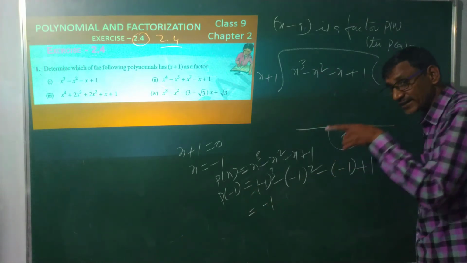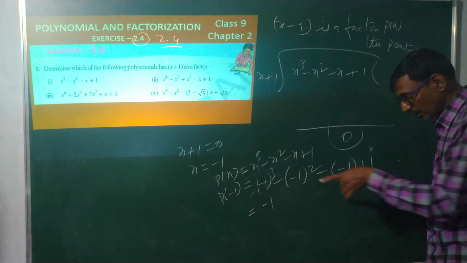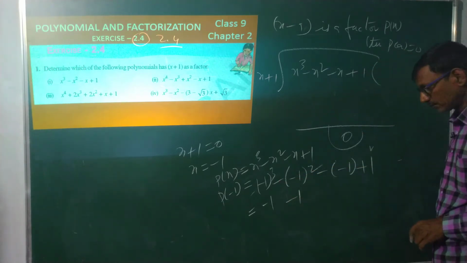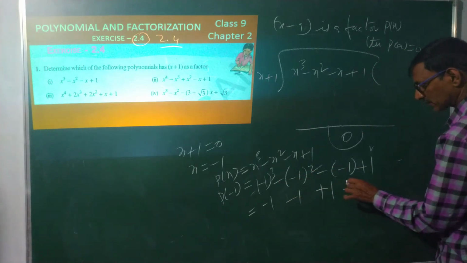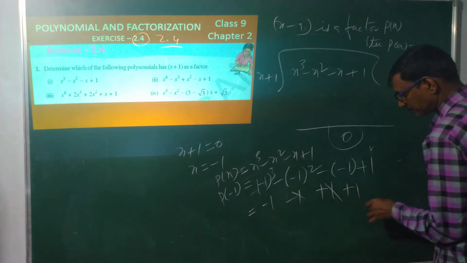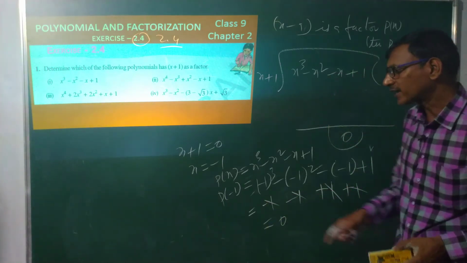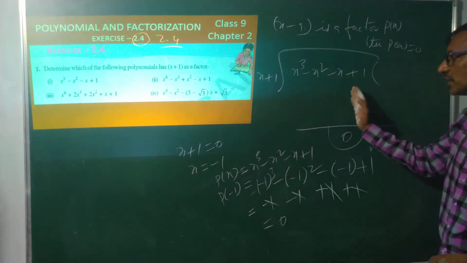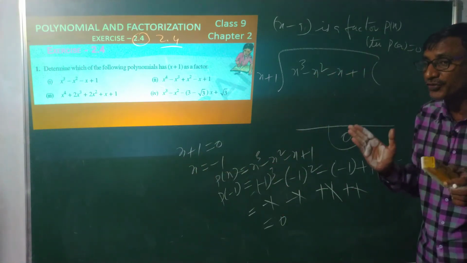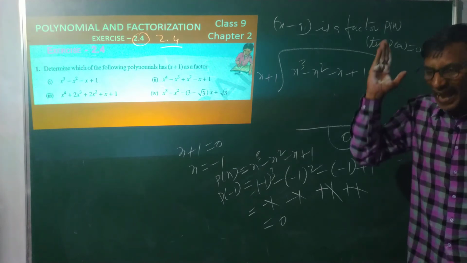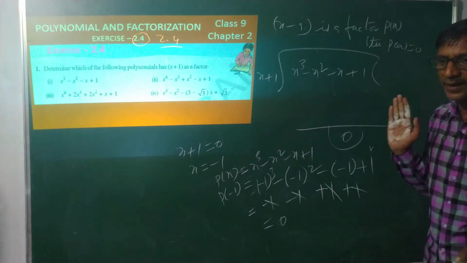Minus 1 whole square is nothing but plus 1. So minus 1, plus 1, plus 1, plus 1. See, minus 2 plus 2, we get 0. Therefore, x plus 1 is a factor of this one. Even if we do it by the actual method, we get the remainder 0.